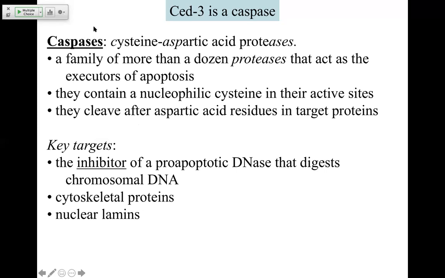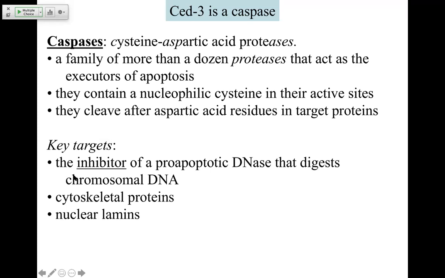So caspases target different proteins in the cell. Some of the targets are, for example, one target is an inhibitor of a DNase. Now, DNase is an enzyme that digests DNA. So if a caspase cleaves and destroys the inhibitor, then that means the DNase is free to break down and destroy DNA.